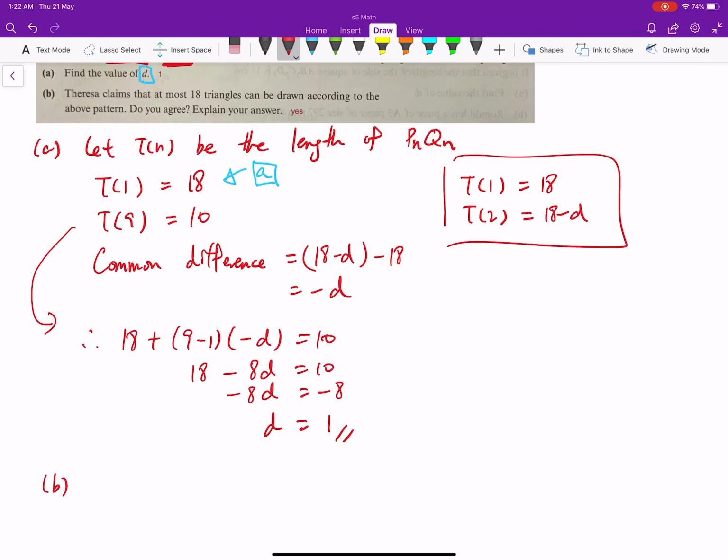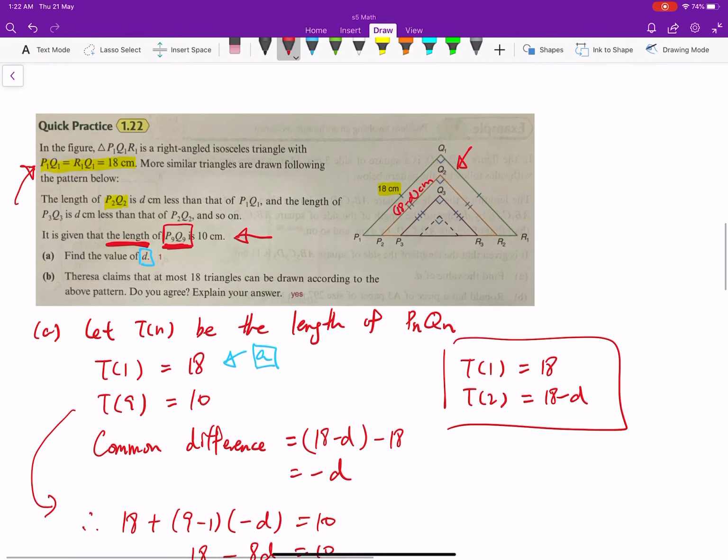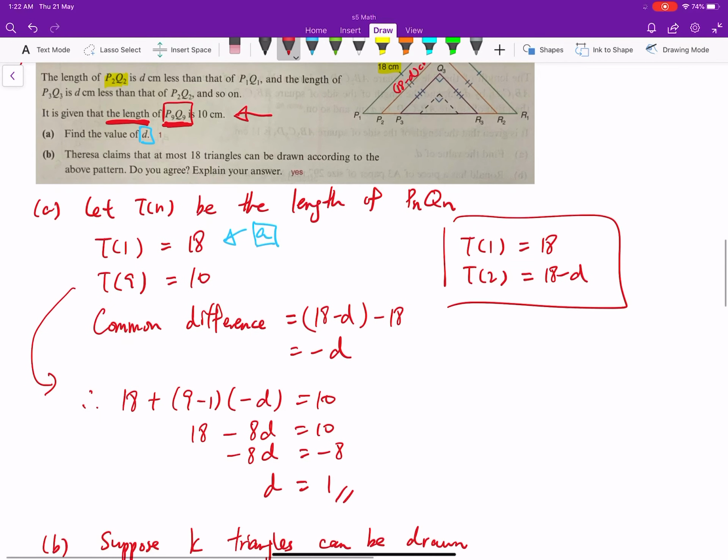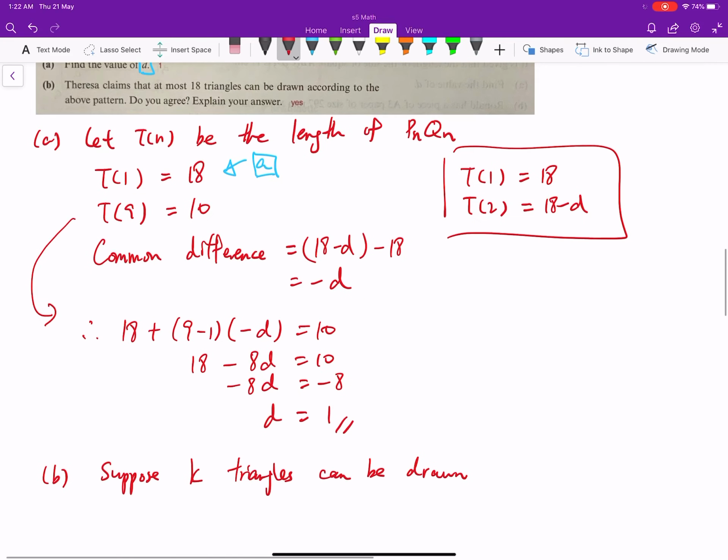So let's look at this situation. Assume we can draw K triangles. Then what's the meaning? What is the length of P? If K triangles can be drawn, then the length PKQK is TK, right?